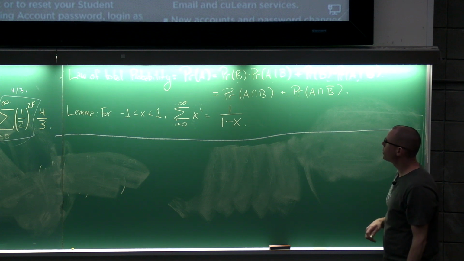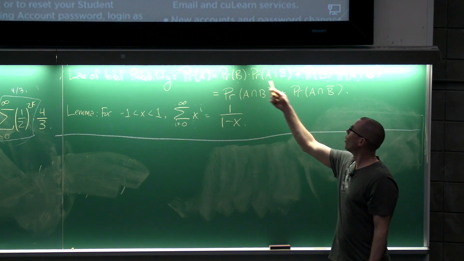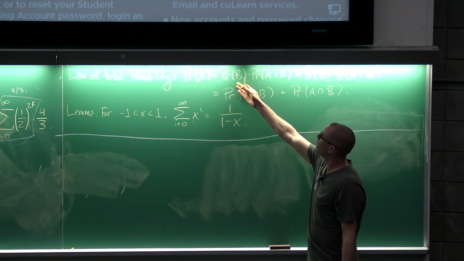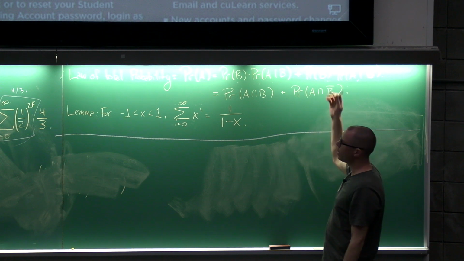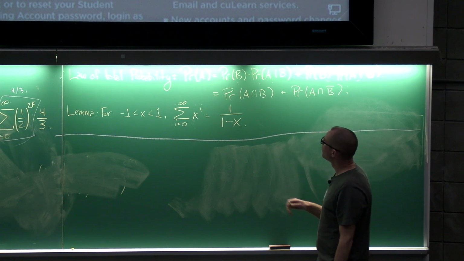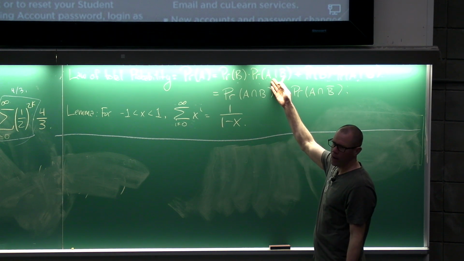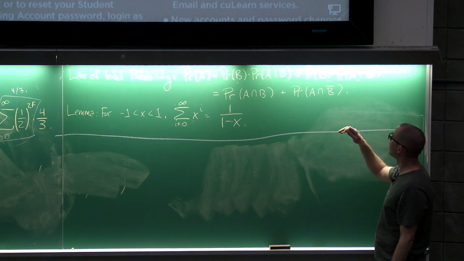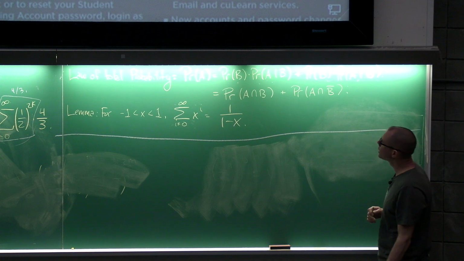So just think of this as either B happens or it doesn't happen. Those happen with probability B and probability not B, respectively. In one case, you look at the probability that A happens given that B has happened. In the other case, you look at the probability that A happens given that B doesn't happen.